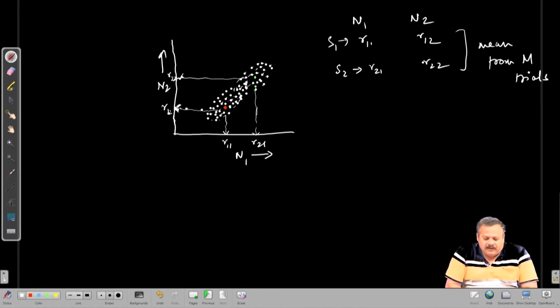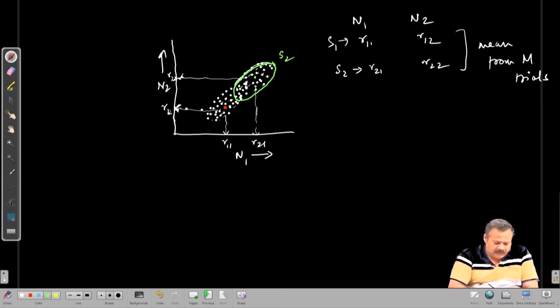Now, if you think about it, the positive noise correlations here are important. Based on these responses, let me make it with the green one here. This is the overall spread of responses to S2, and this is the spread of responses to stimulus S1.